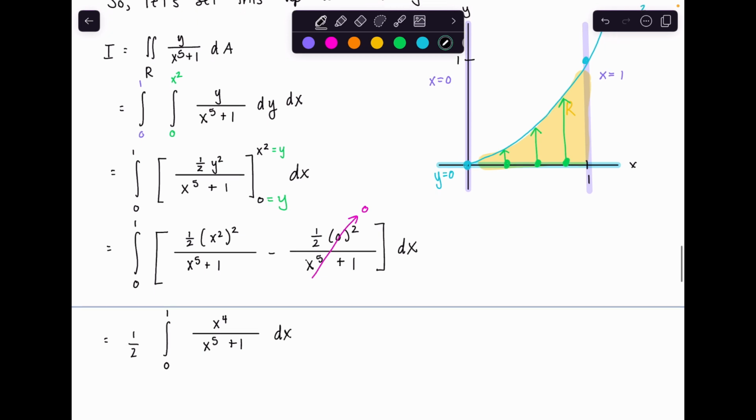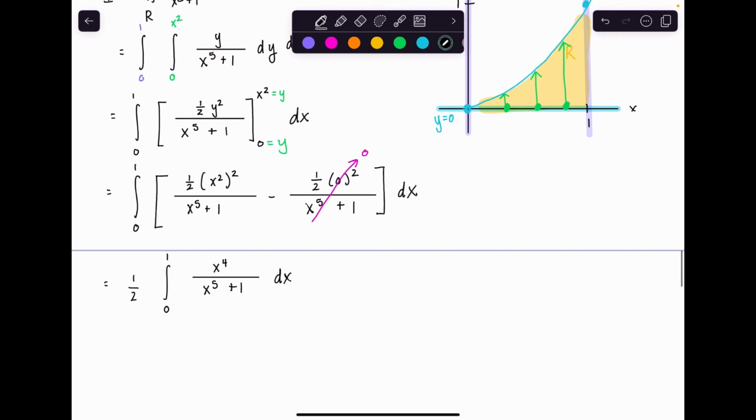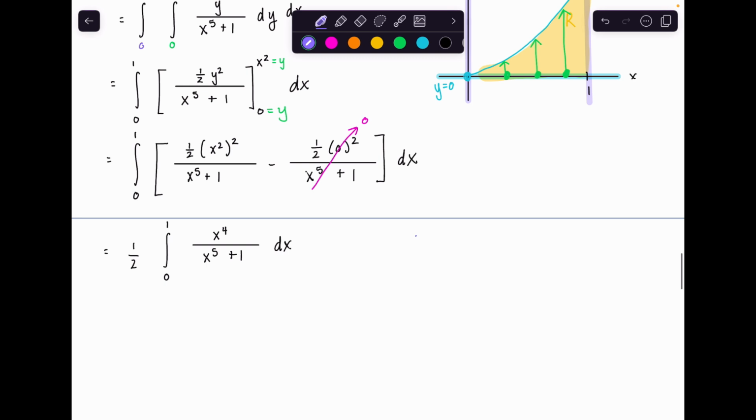And now this is something I can actually do. We're just going to make a u sub, so it turns into a calculus 1 problem. We let u equal our denominator. Then du will be 5x to the fourth dx. I don't have that 5, but that's okay. 1/5 du is x to the fourth dx.